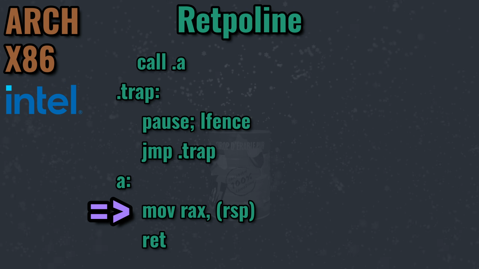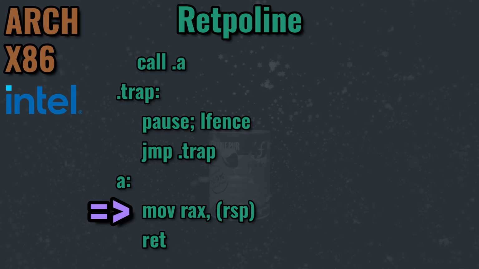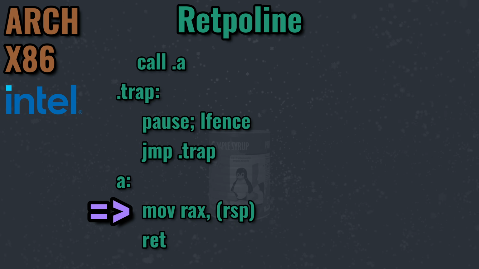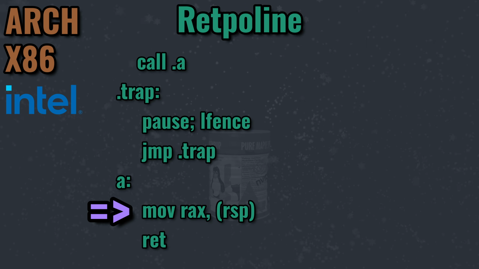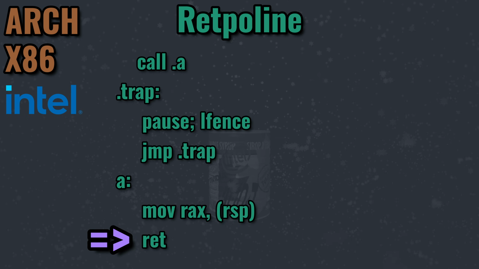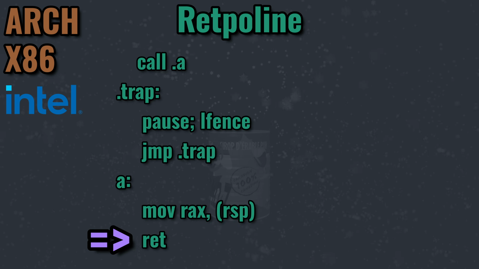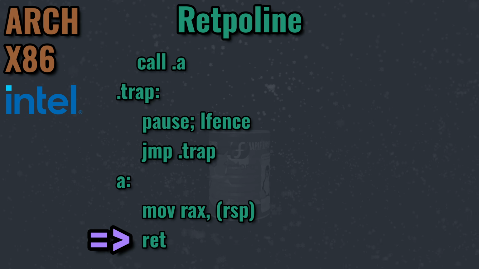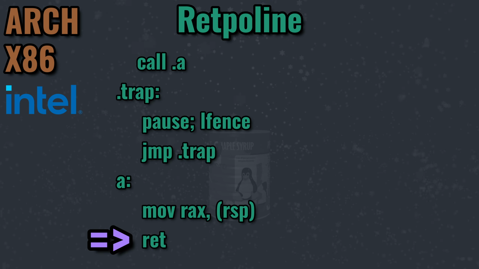We will move the value inside of the RAX register, where we want to jump to, to the stack return value. So we will push that to the top of our stack. And after that, we use the return to jump to the value that we just placed in the stack. So here, instead of using a jump, we are using a return command, right? So we are pretty much just replacing the jump with a return.